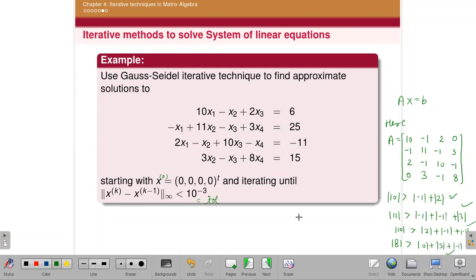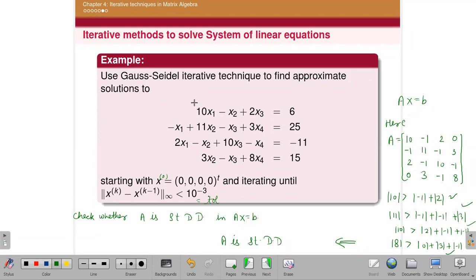So this is also true. So it means A is strictly diagonally dominant. So first of all, check whether A is strictly diagonally dominant in the Ax = b system. Now come to the next step.